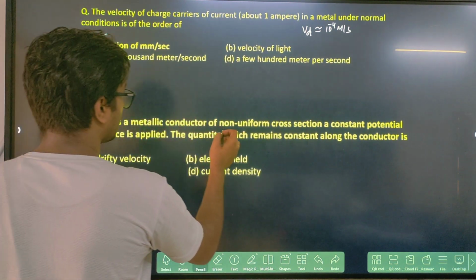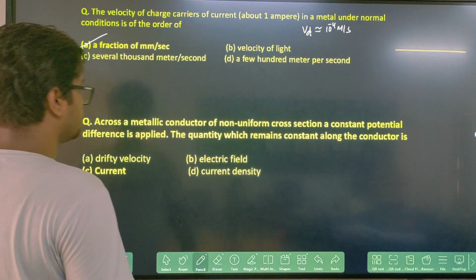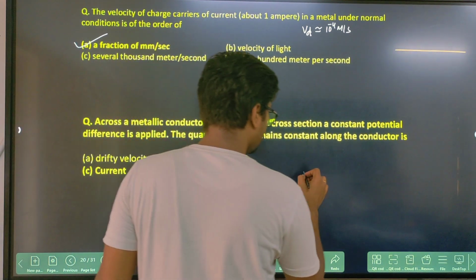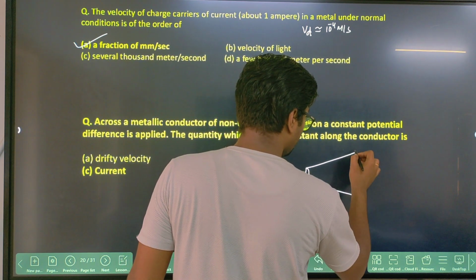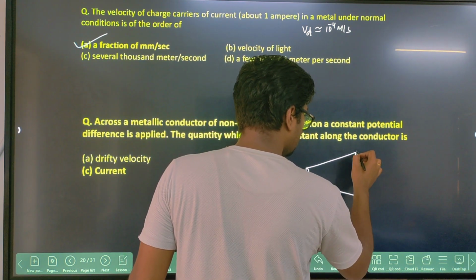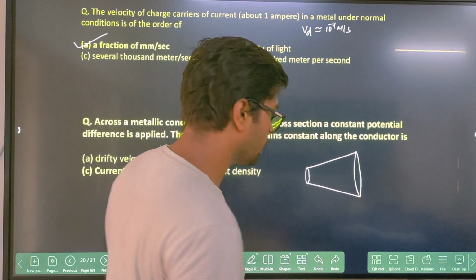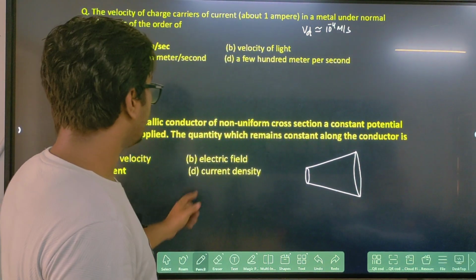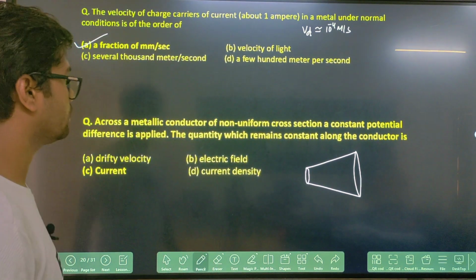Now go for the second question. Across a metallic conductor of non-uniform cross section, a constant potential difference is applied. What it is saying is that they are talking about a non-uniform cross section. Let's say this is the non-uniform cross section, because here the area will be small, here the area will be bigger. The quantity which remains constant along the conductor.